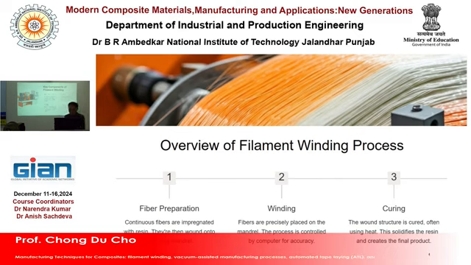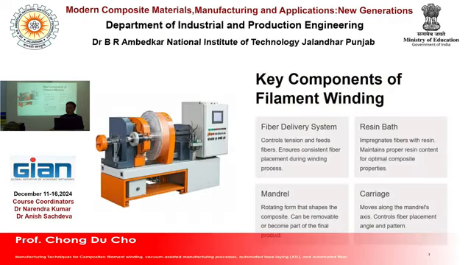So, the key components of filament winding. In the machine, a fiber delivery system is needed, a resin bath needed, a mandrel needed, a carriage needed. You can already understand instantly what function must be done by the delivery system.